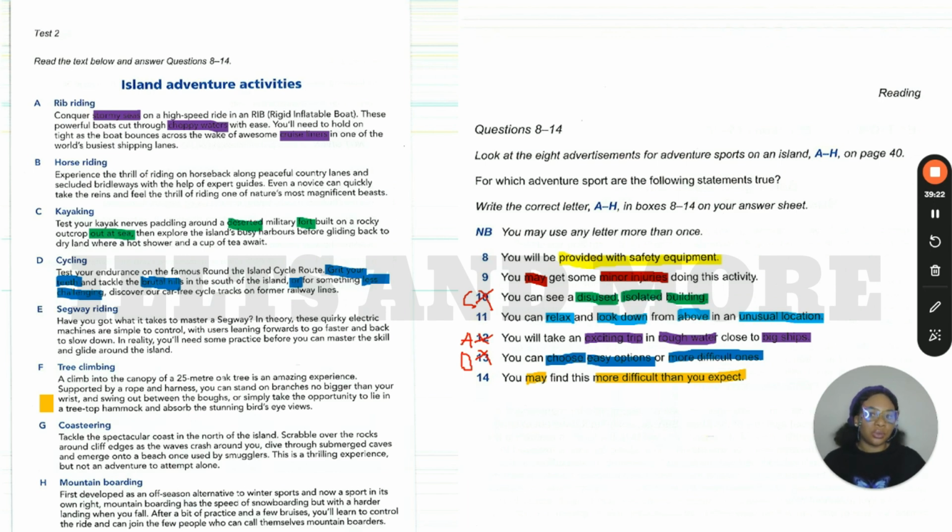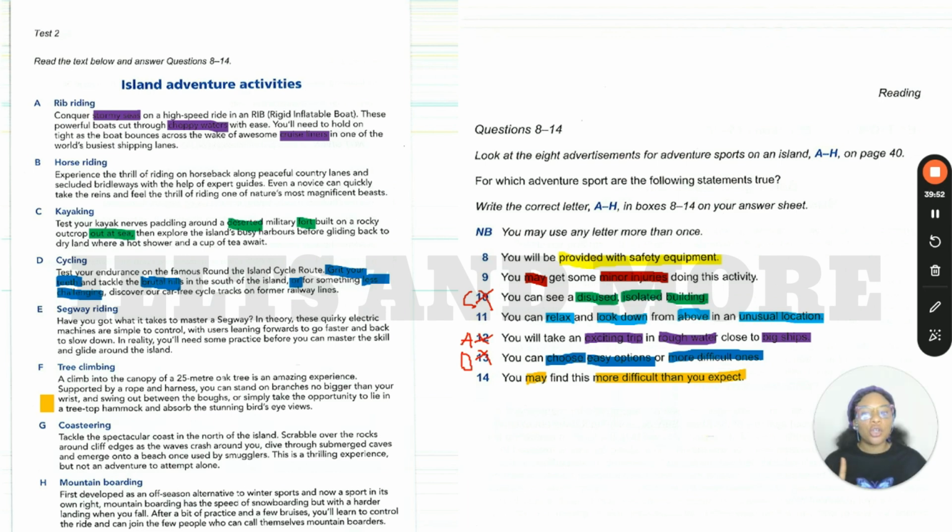But even if you don't, I believe that's the only paragraph that talks about stormy waters and all whatnot. So you should have still been able to pick 12 as A. So even if there are words you don't know, try to maneuver it. Try to use the ones that you do know to get your answer. Okay? And like I said, the keywords would always be words that you know.